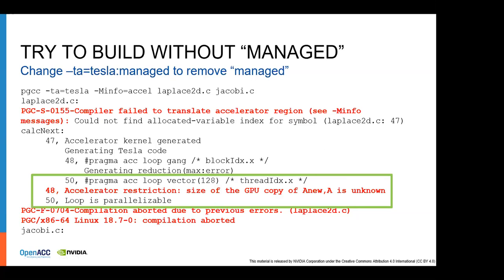In fact, what the compiler is trying to do is generate the transfer automatically for you when it's parallelizing the loop, but to know how to transfer, you need to know the size of the copy. And in our example, it was not known by the compiler, and so it stops.